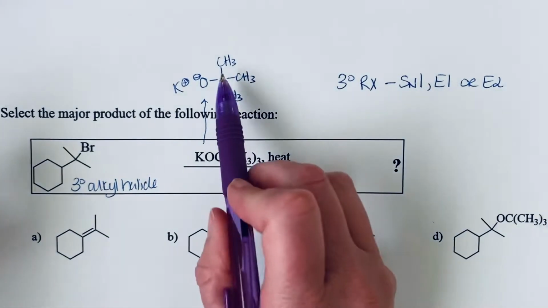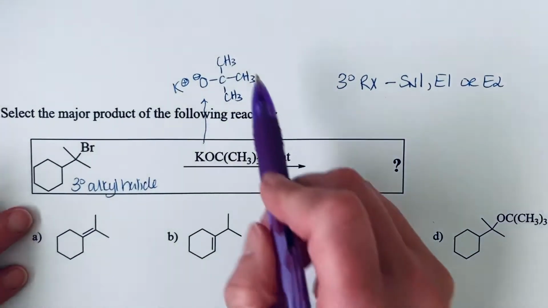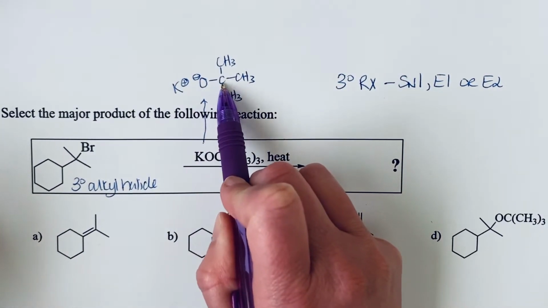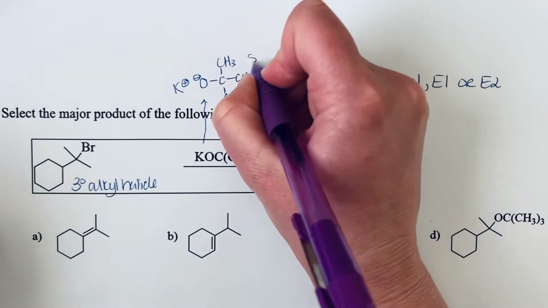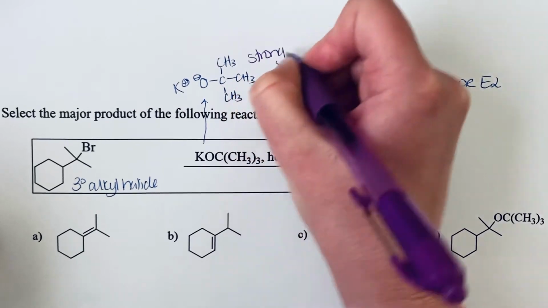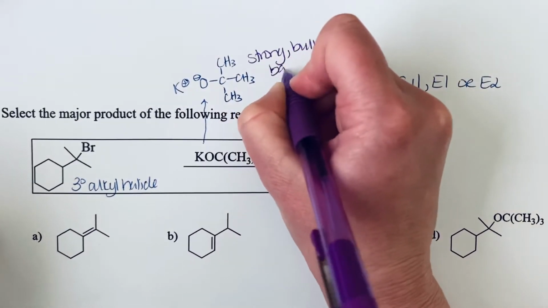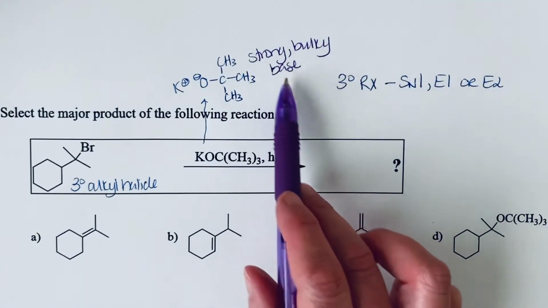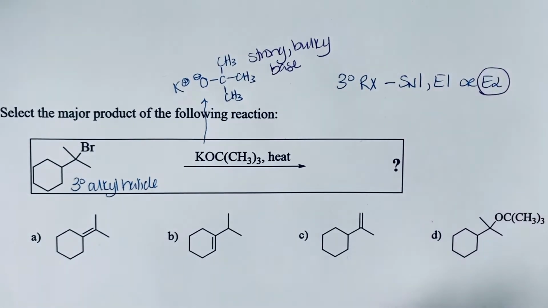It is also sterically hindered, or bulky, or large, because of the branching at the carbon directly attached to the anion. So this is a strong, bulky base. As soon as you see a strong base with a tertiary alkyl halide, you're looking at an E2 pathway. So now we know that this is E2.